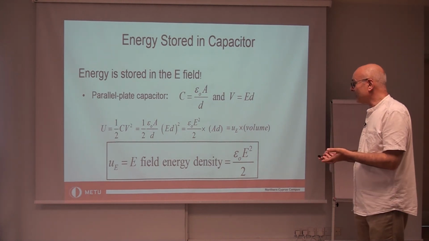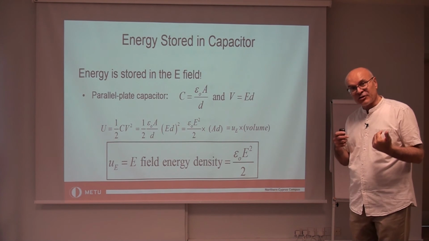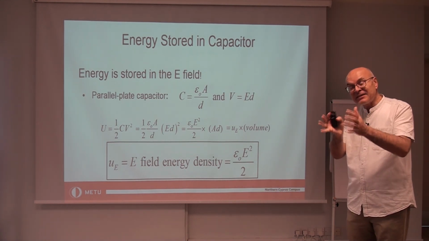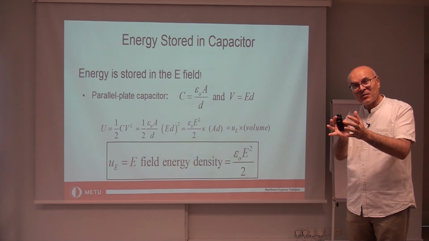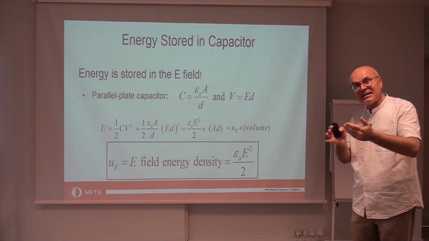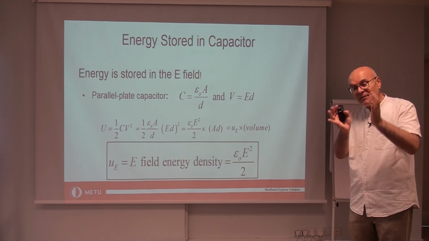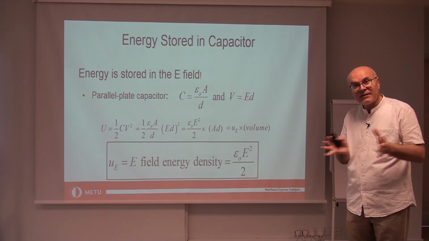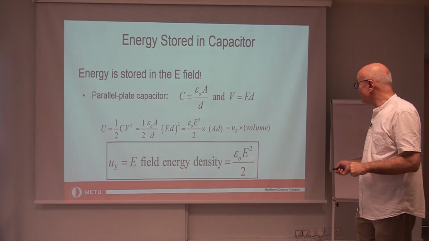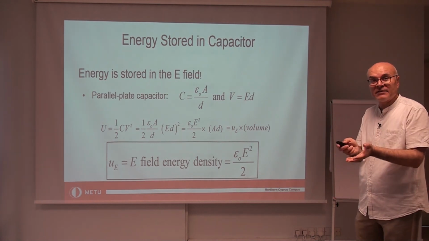And the meaning of this is that the potential energy is actually an energy stored in the electric field in that region, okay? And there is an energy density, which is how many joules per meter cube there are in that volume, and this amount is governed solely by the electric field in that region.